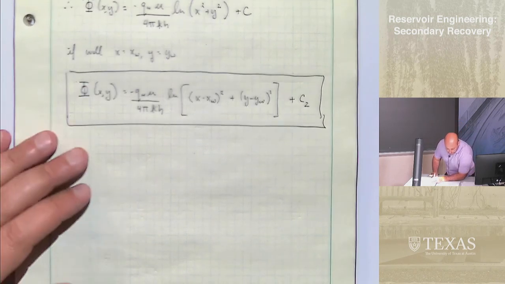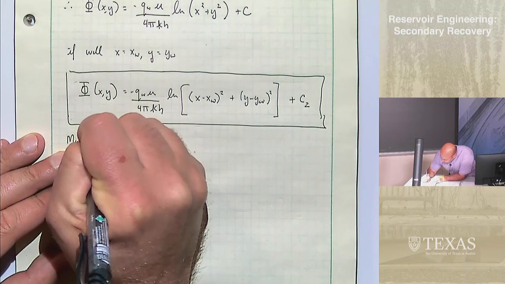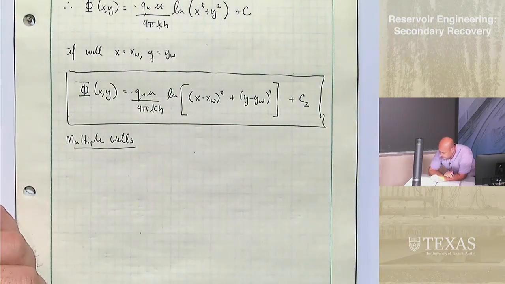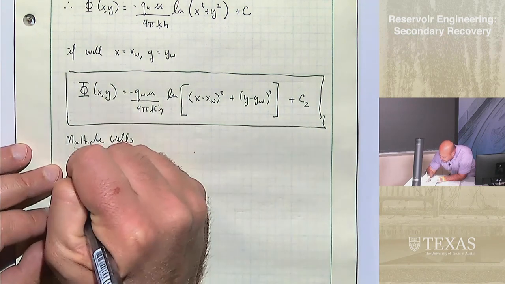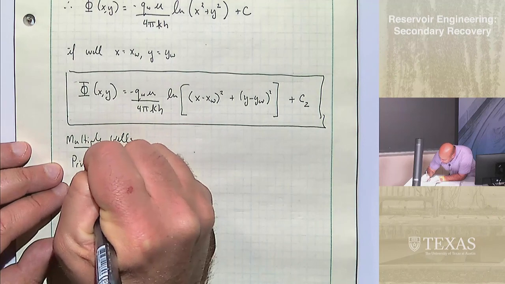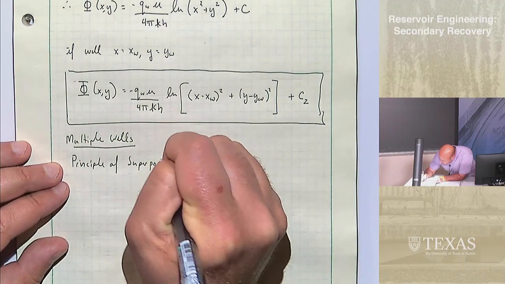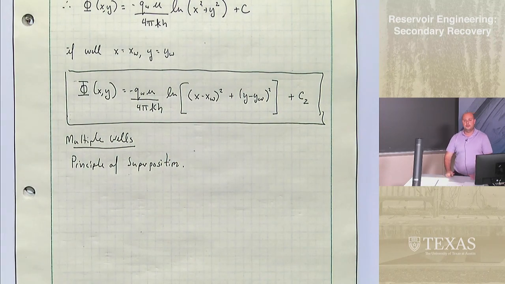So if we have multiple wells, then we need to add these solutions on top of each other. So we need to use the principle of superposition. And in reservoir engineering, you've seen this. I think this is the 4th time you've seen it.